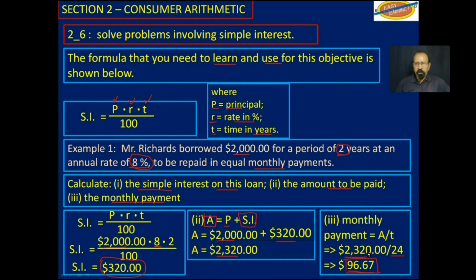So Mr. Richards knows that for every month for the next 2 years, he would have to pay $96.67 to pay off the loan and the interest. Time here now is in months because we asked for monthly payments.